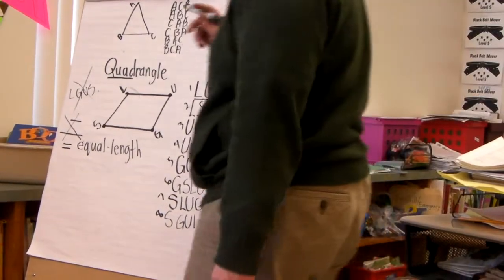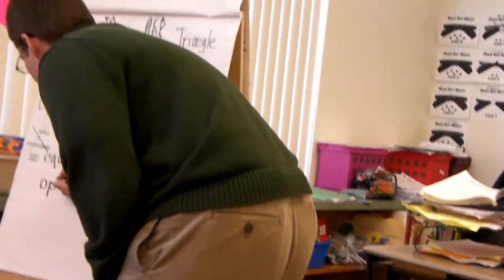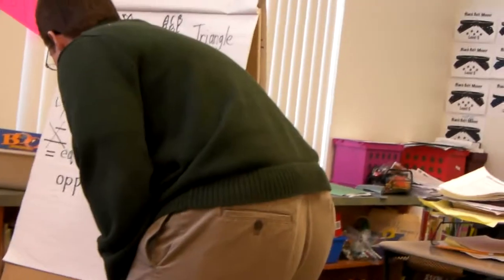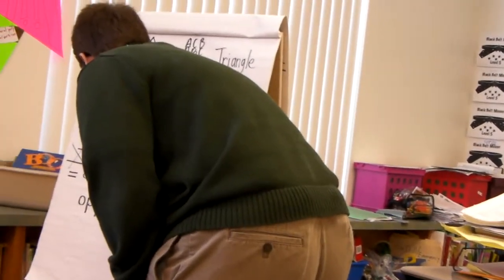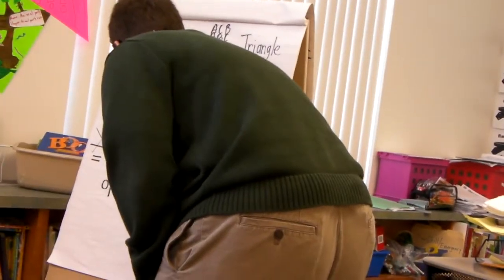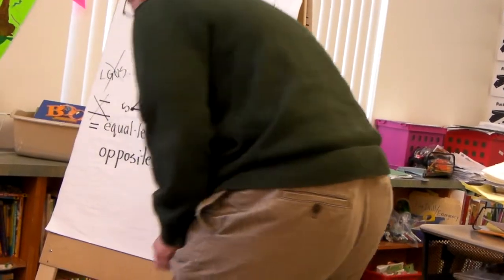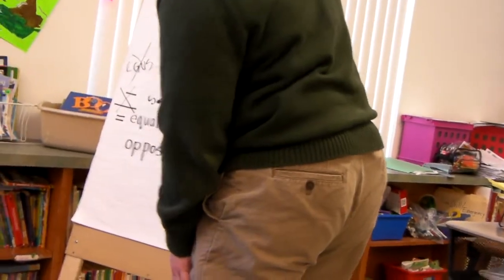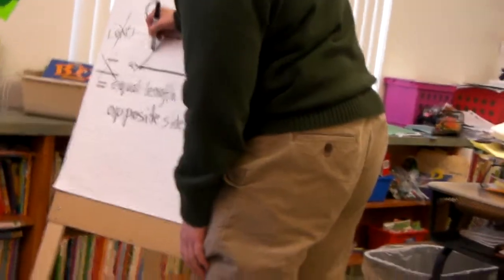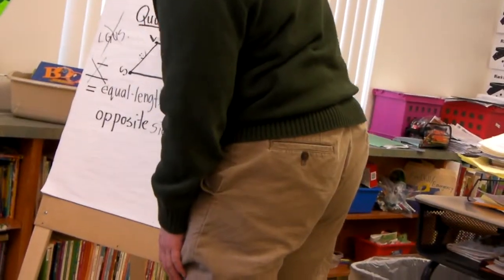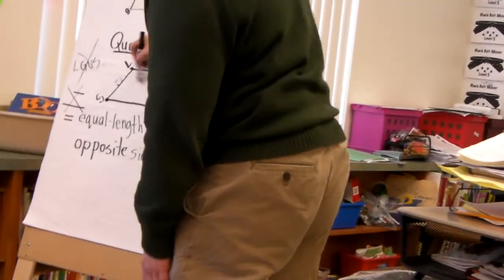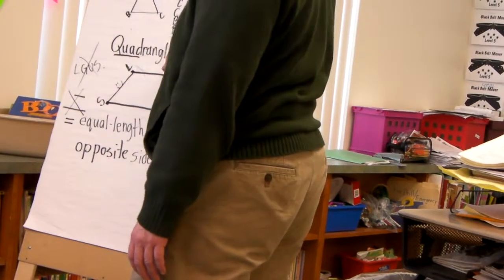You're going to see opposite sides. Opposite sides are like this. If I have my quadrangle here, this side is an opposite side, and this side is an opposite side. These sides are opposite each other.